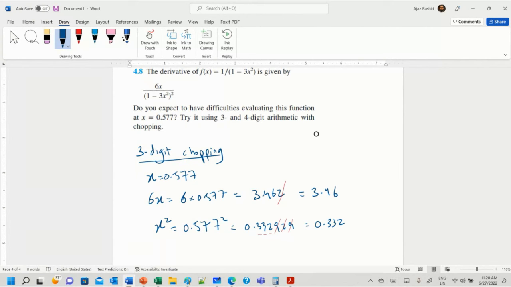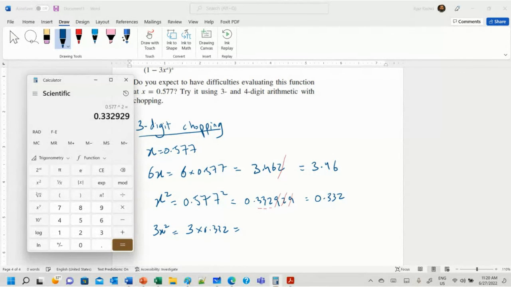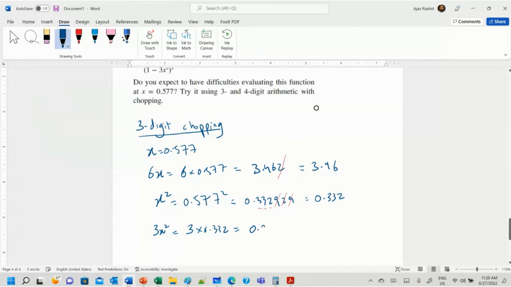Of course, this is not rounding off, so you are not going to get 0.333. You will get 0.332 because the rest you are going to chop. Then you have 3x squared. So that's 3 multiplied by 0.332, which is 0.996. So nothing to chop here.